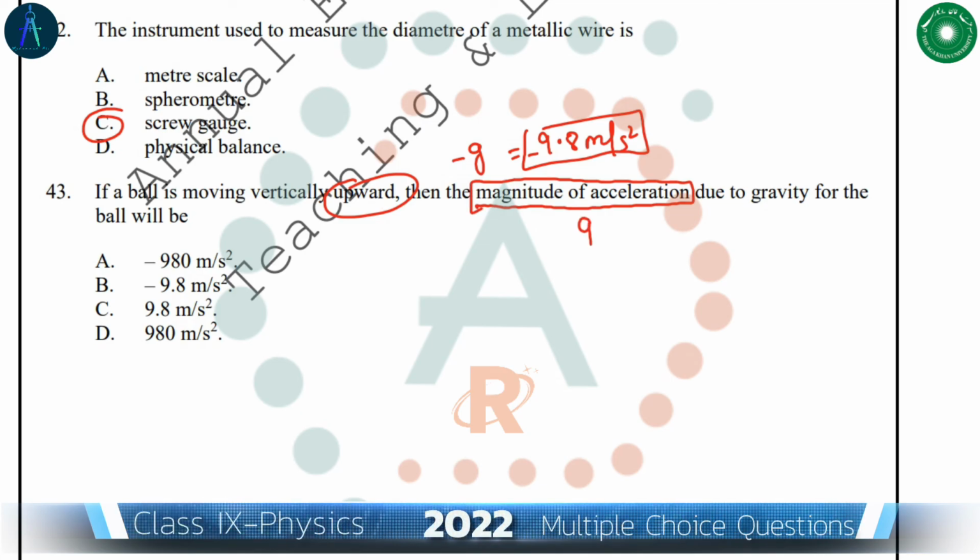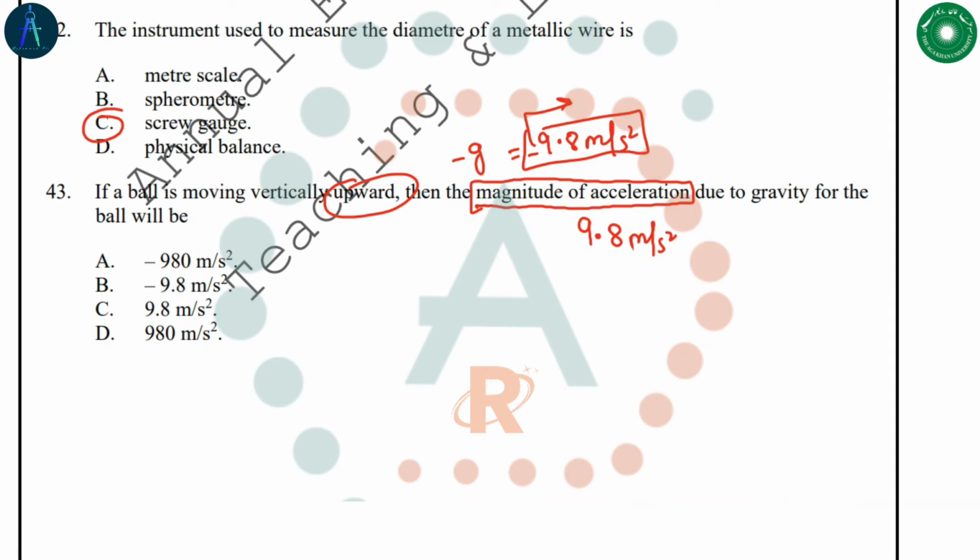So the magnitude of acceleration is still 9.8 meters per second squared. This negative sign only shows the direction.